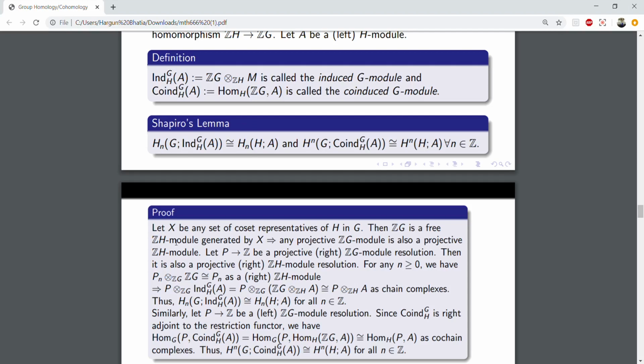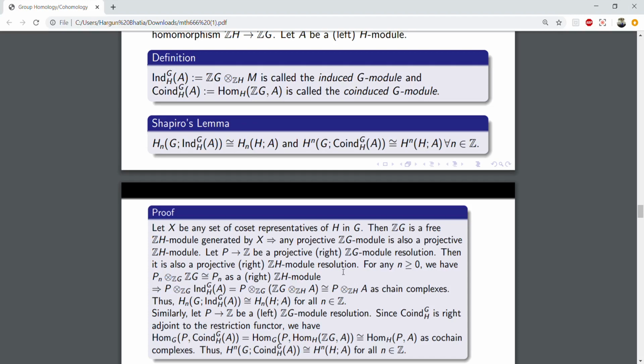But since ZG is a projective ZH module, a direct sum of ZG is also a projective ZH module, and therefore that direct sum is also a direct summand of a free ZH module, some direct sum of ZH. Therefore, the original ZG module P is a direct summand of a free ZH module. Hence, P is a projective ZH module. So restriction of scalars essentially takes a projective module to a projective module in this case.